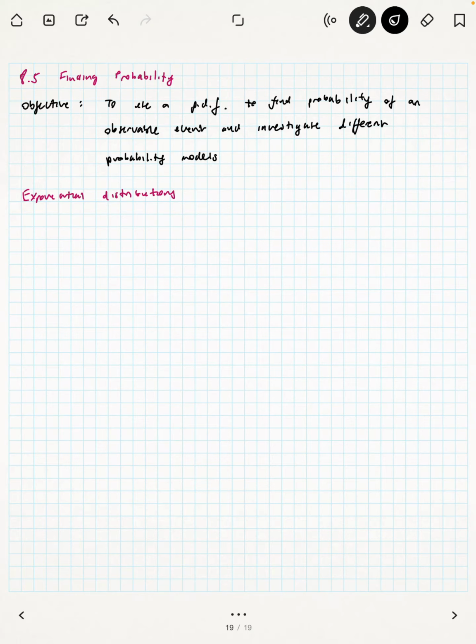So the first model that we'll explore is the exponential distribution, where we think of a random variable that represents time until something occurs. Maybe time until a phone call ends, or neutrino detection at the core of the Earth.